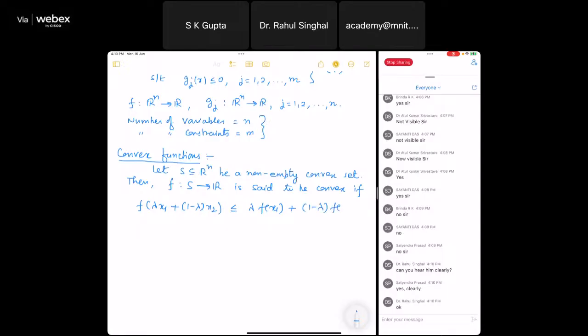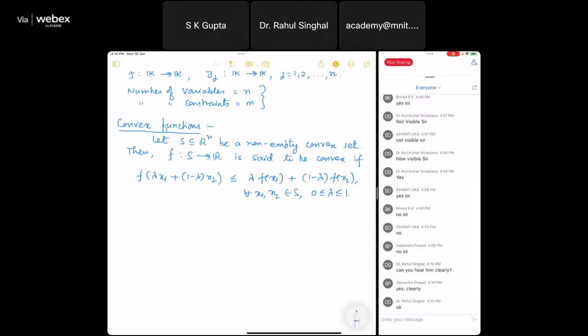You might be thinking that this is a very different inequality. If this inequality holds for all x1, x2 in S and for all lambda between 0 and 1, then we say that the given function is a convex function, right?